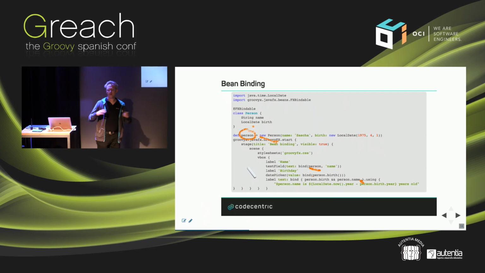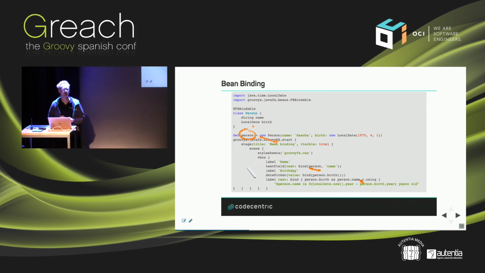There could be 50 properties in there, and it is listening if any of these are changed, and then it's recalculating the value and setting the new value for the binding. This is really hard to do natively in JavaFX by code. It is not a one-liner like we have here. So this is very, very powerful and helpful.